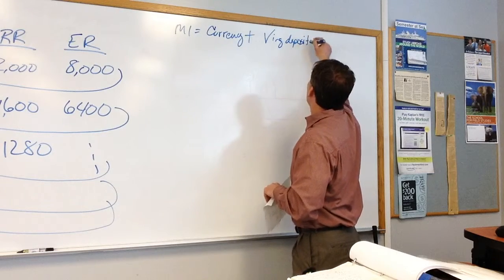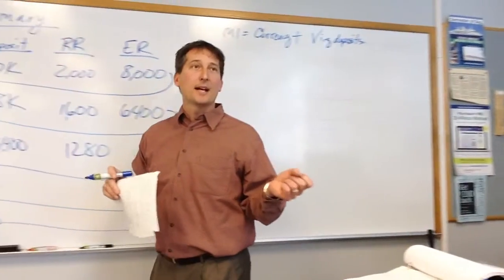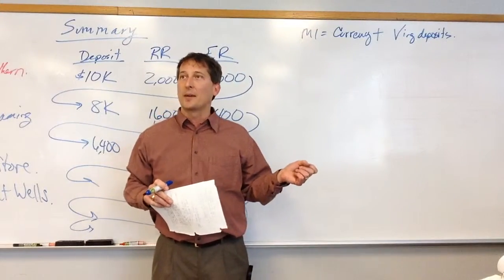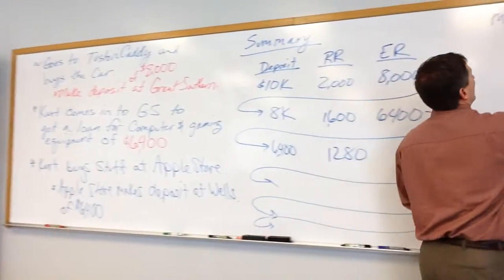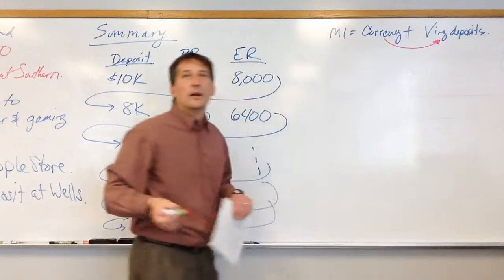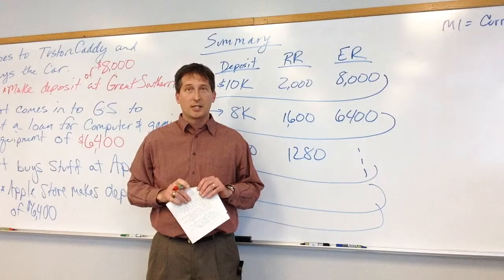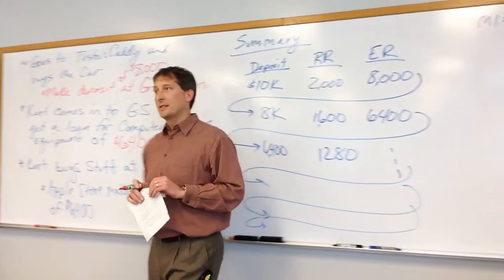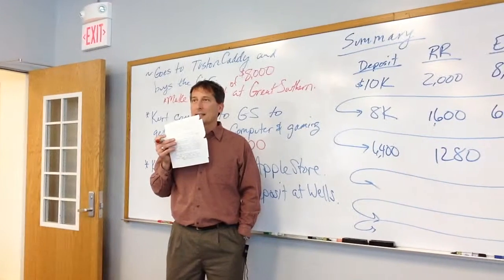Did that initial change do anything to the money supply as the government measures it for economic activity? No, right? We took 10,000 and moved it from here to here. Did the supply of money change in the United States?